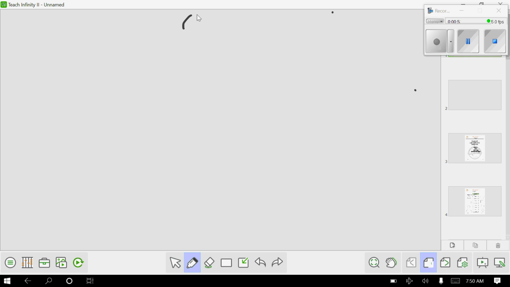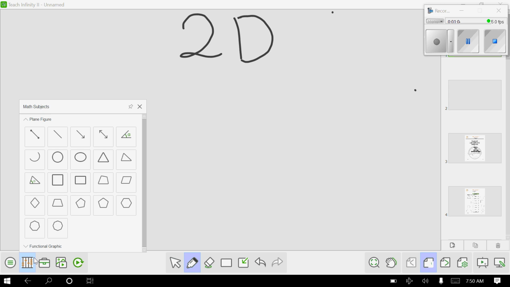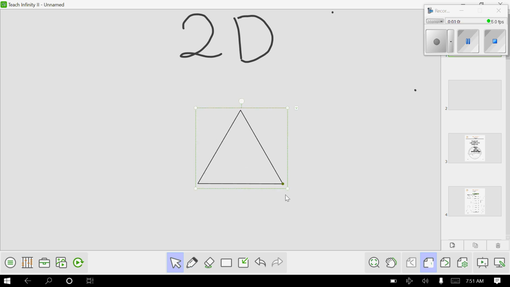Yes, we will start with 2D shapes, two-dimensional shapes. Let's see the first 2D shape. I want to start with this shape. I call it a triangle. Perfect.